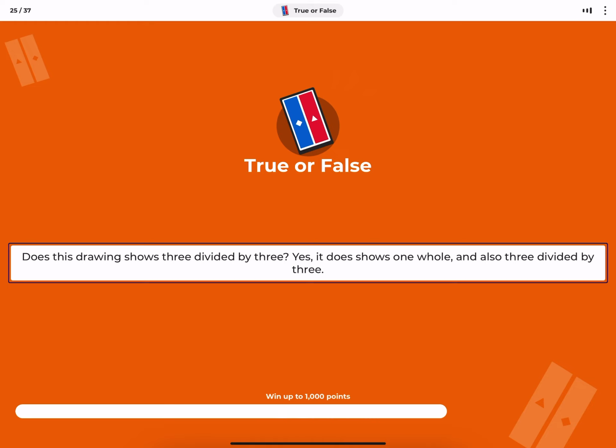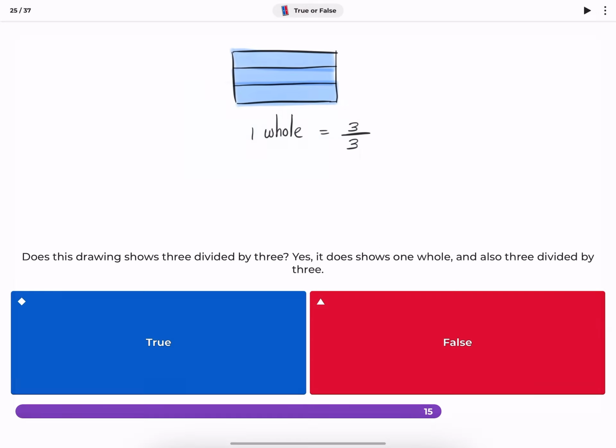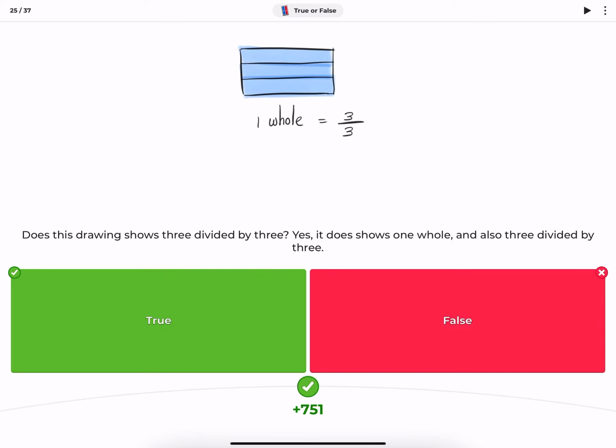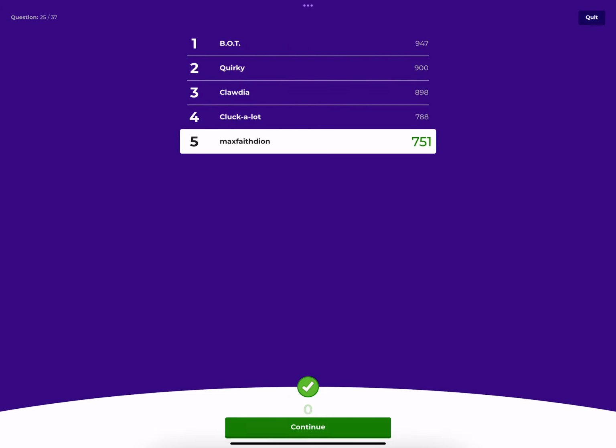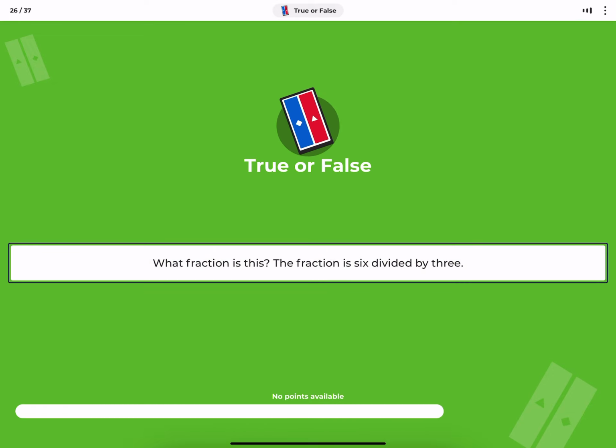Does this drawing show 3 divided by 3? Yes, it does show 1 whole, and also 3 divided by 3. True. False. What fraction is this?